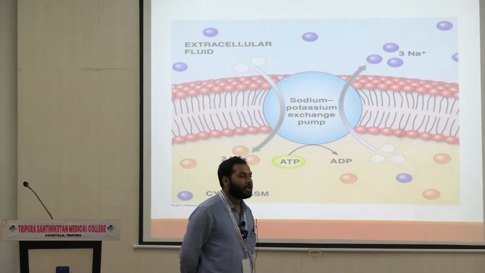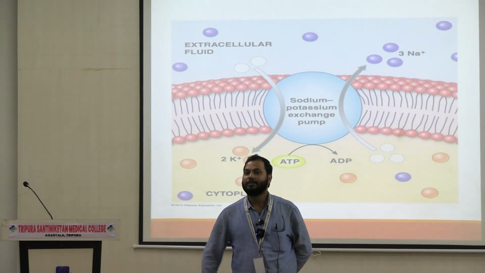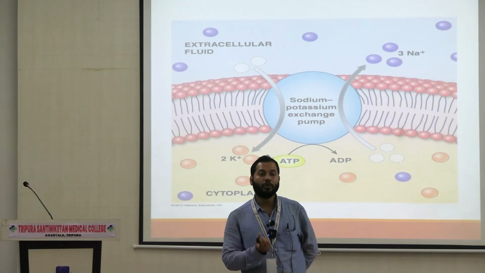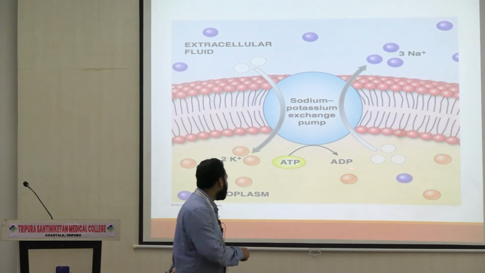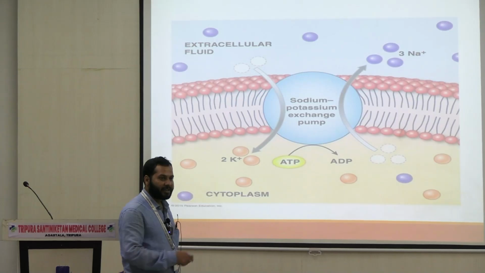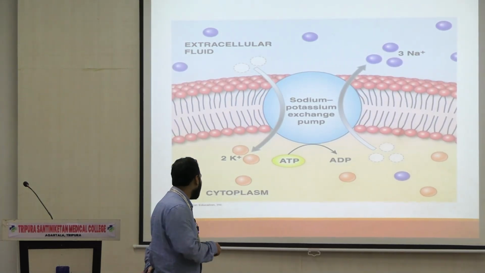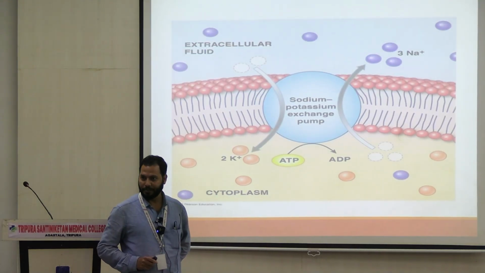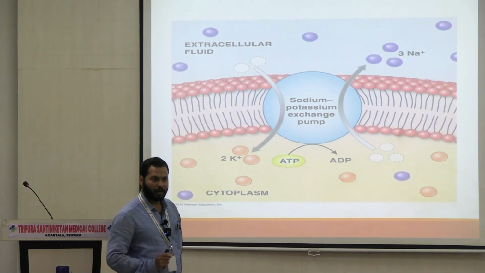Now, in the cell, there is a specific distribution of both the sodium ion and potassium ion in the extracellular phase and intracellular phase. The cytoplasmic phase, called the intracellular side, contains a higher number of sodium ions, whereas the extracellular phase has a higher number of potassium ions.